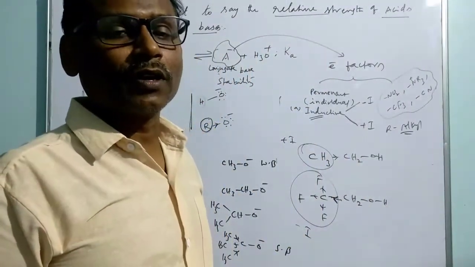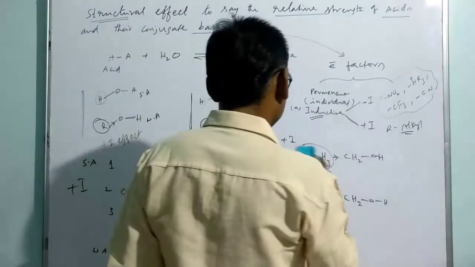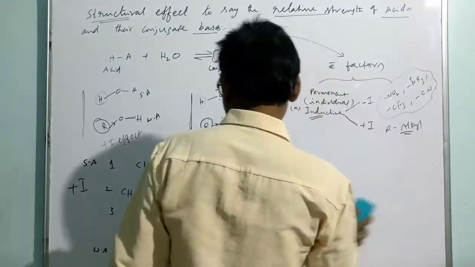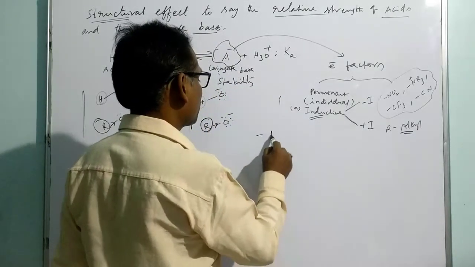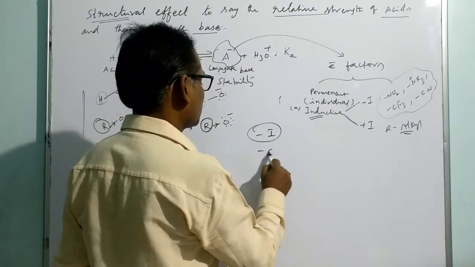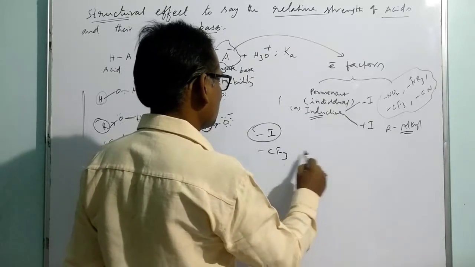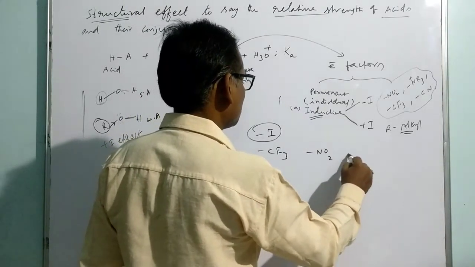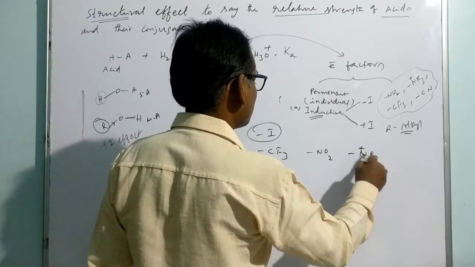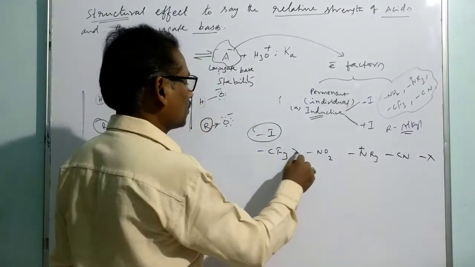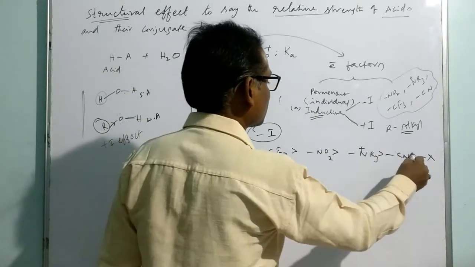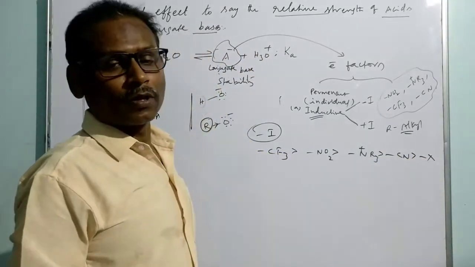Electron withdrawing power for different groups is also given, that is the order of the minus I effect power. The minus I effect power is CF3 first, then NO2, then NR3+, then CN, and then halogen. So this is the order of electron withdrawing nature among the different groups normally.